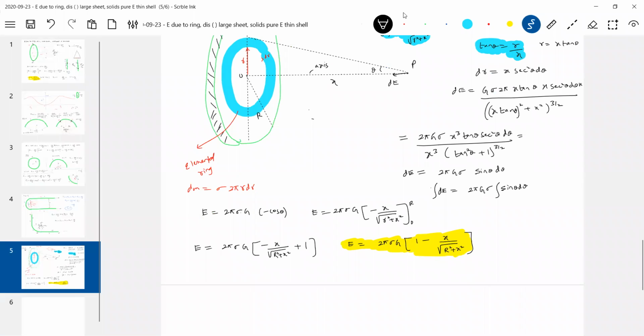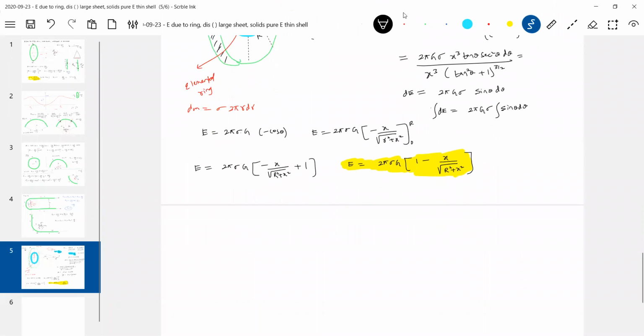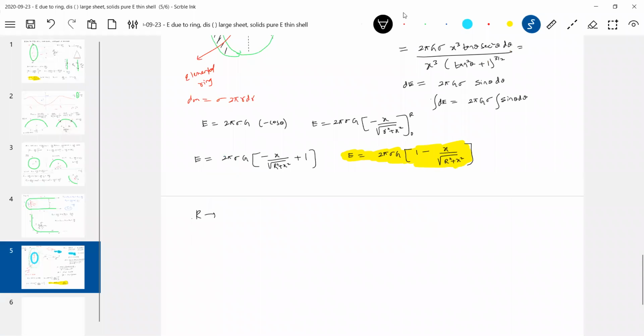For R equal to infinity, let me go to the next page. As R tends to infinity, E will become 2 pi. Anything added to infinity will be infinity, root of infinity will be infinity, 1 by infinity will be 0.